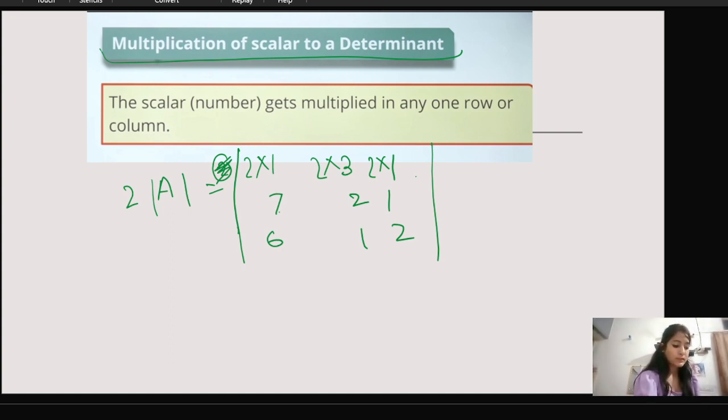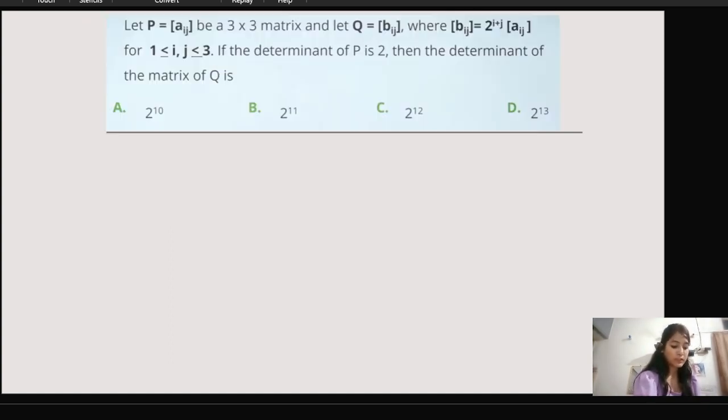Okay, so the next question is: if P equals A_ij is a 3 cross 3 matrix, and let Q be B_ij, where B_ij is 2^(i+j) times A_ij, for 1 less than or equal to i and j less than or equal to 3, and the determinant of P is equal to 2, then we have to find the determinant of the matrix Q. Nothing else is given to us.